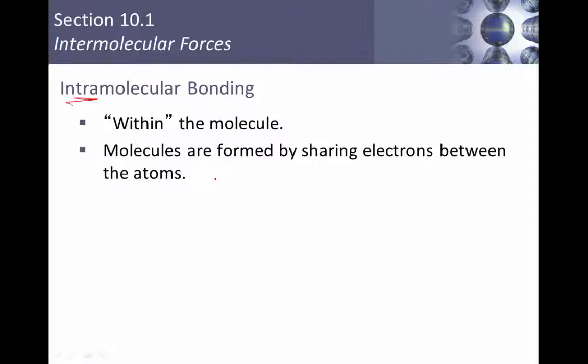And it happens because valence electrons are being shared between the atoms. Okay, so for example, water. We're going to use water a lot. I'm just going to draw it quickly here. Now there's its Lewis structure. This is your intramolecular force, that's your force within the molecule.